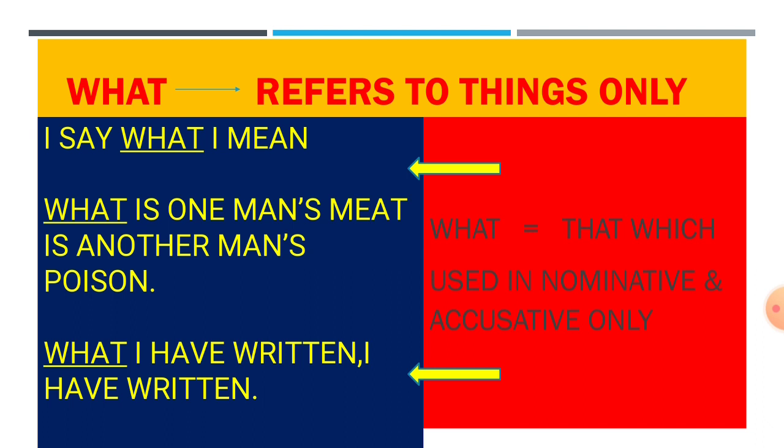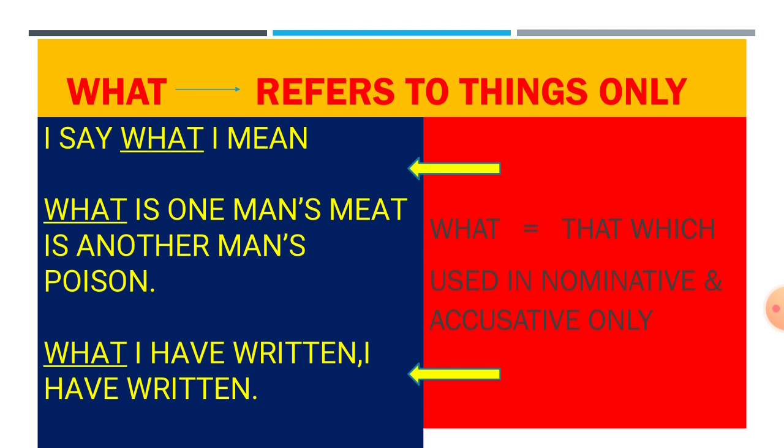So what is good for somebody may be bad for the other. So that which is one man's meat is another man's poison. So again, what is equal to that which.